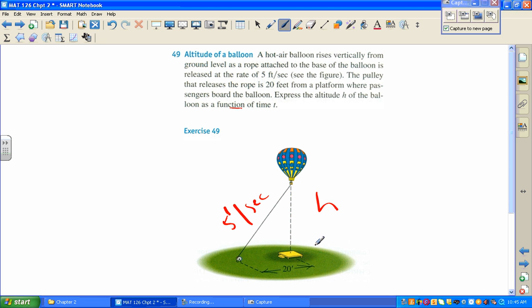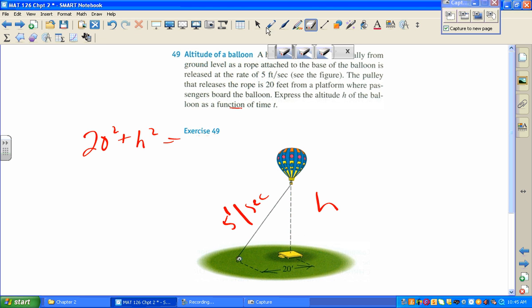It's classic. What's the relationship between all three of those? Yeah, it's a Pythagorean theorem. 20 squared plus h squared equals c squared, or r squared. Let's call it r.